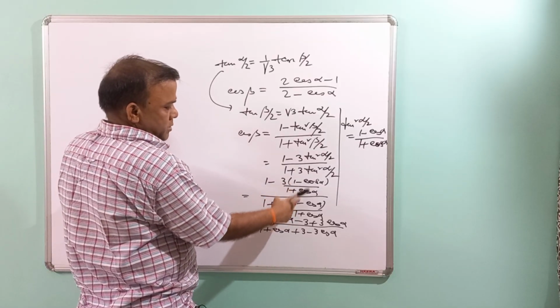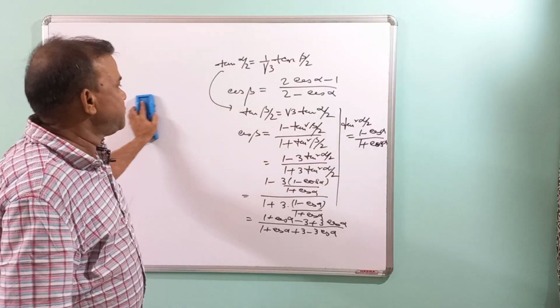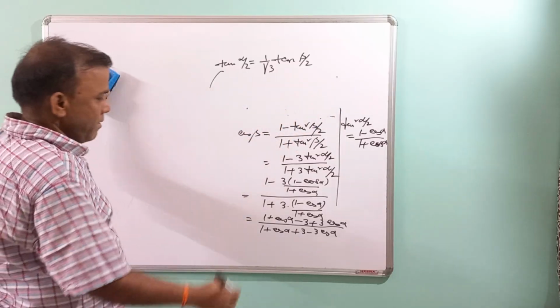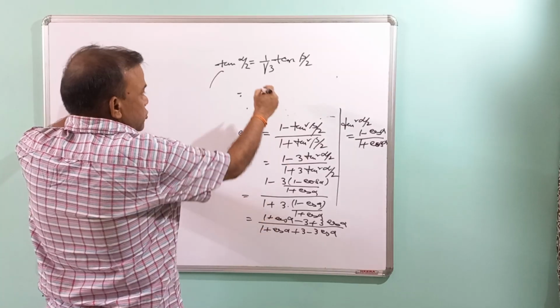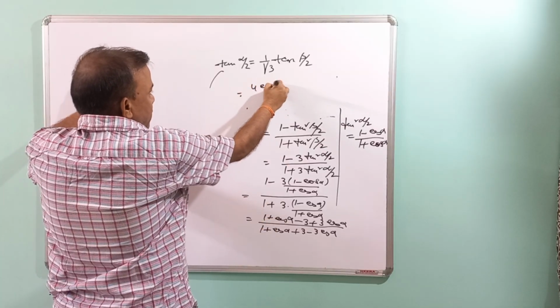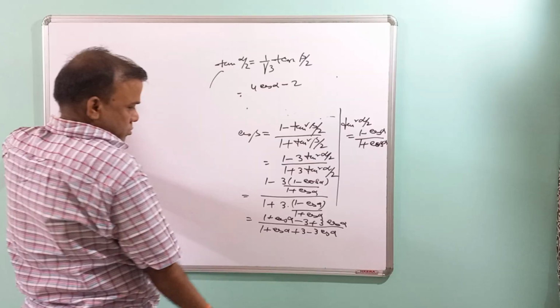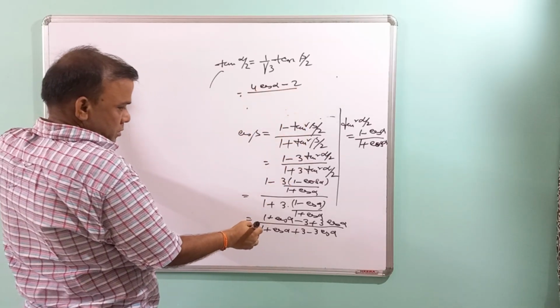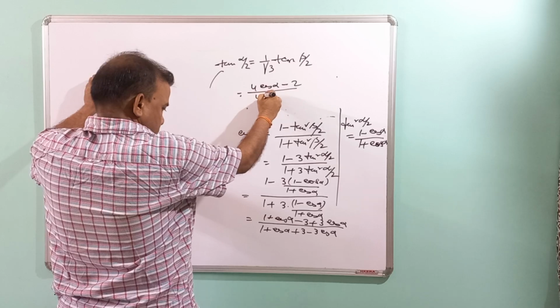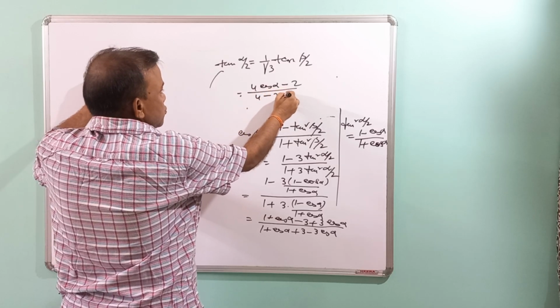The denominator will be cancelled out here. Finally, 4 cos alpha minus 2 divided by 4 minus 2 cos alpha.